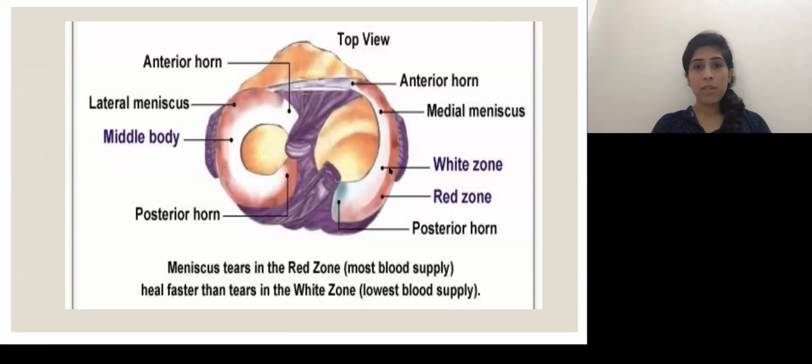In this diagram, you can see that this is the medial meniscus and this is the lateral meniscus. The lateral meniscus covers a larger area compared to the medial meniscus. Again, here you can see that the menisci are thicker over the periphery, whereas thinner over the central area.